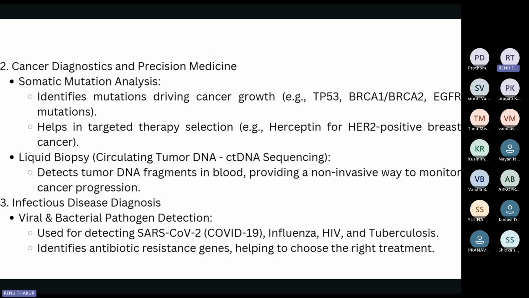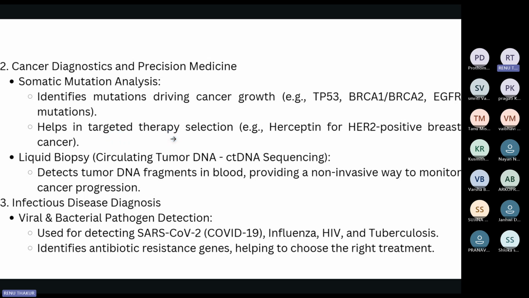To prevent that, we can do something called targeted therapy, in which, unlike chemotherapy, only the cancerous cells are targeted and killed, which will reduce the risk of side effects. This is how sequencing can help in targeted therapy selection.